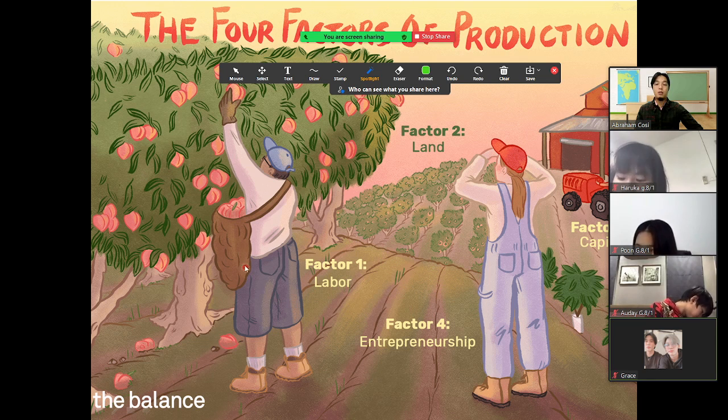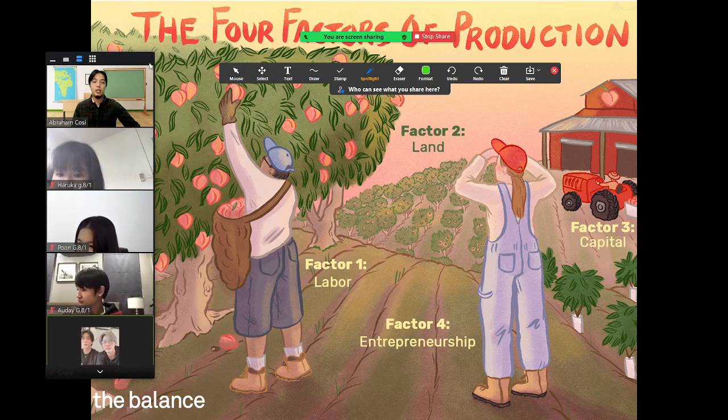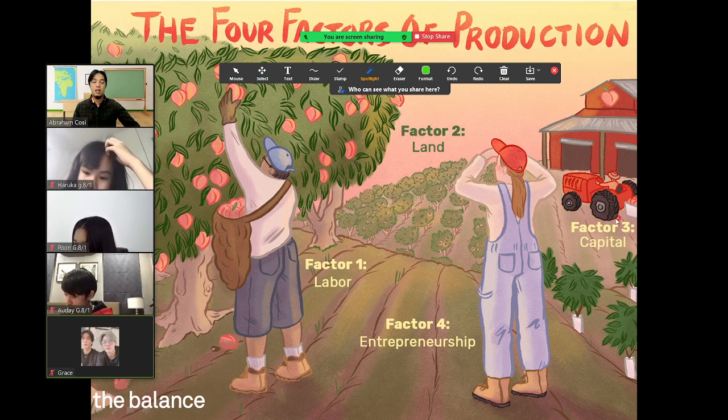The entrepreneur will hire a laborer for, let's say, picking fruits, for collecting the fruits that are on land. And we have the capital, which is a tractor, which helps in the production of these products or these fruits.